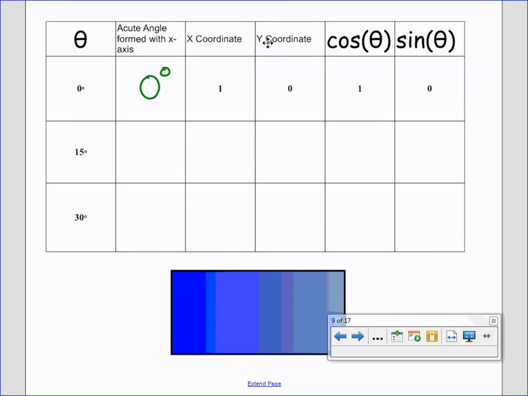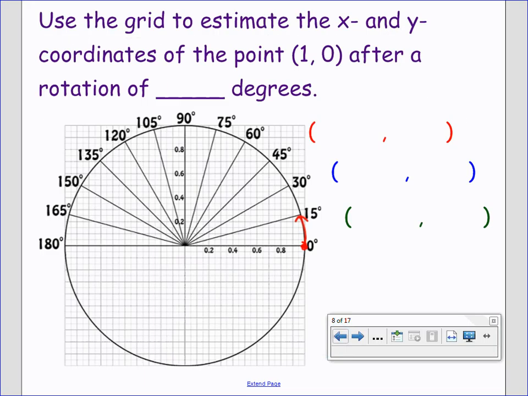The acute angle between this terminal point and the x-axis would be 15 degrees. The x-coordinate we're going to estimate by counting on your grid. So everybody, I want you to take your pencil or pen point, and I want you to estimate what the x-coordinate of this point is. What's the x-coordinate of this point, right here? What's the x-coordinate of that point? So I'm using this grid, and it looks like 0.1.